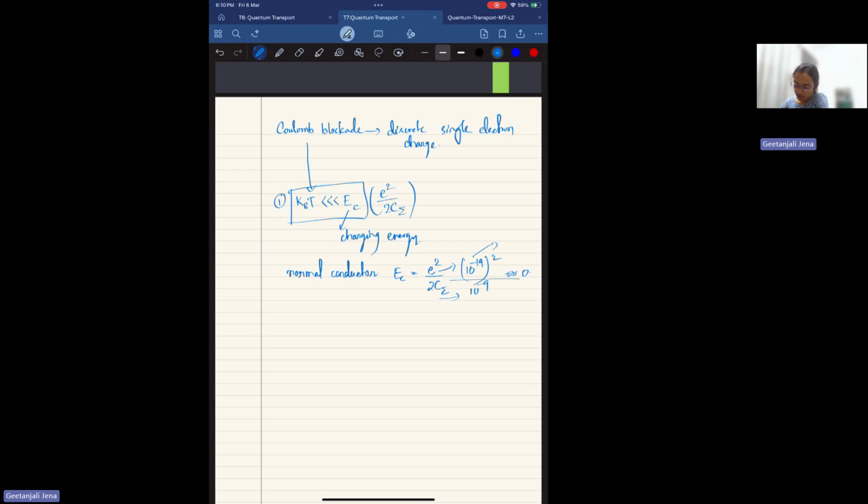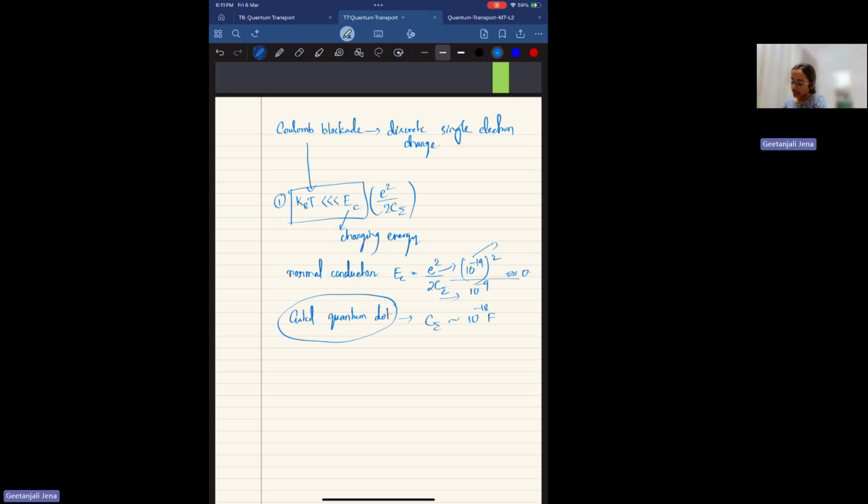But now when we decrease the size, for example, if you take a gated quantum dot, the C sigma, the capacitance, depends on the geometrical size of the device. Because the device dimension is very small, the capacitance is very, very small, in the order of 10 to the minus 18.